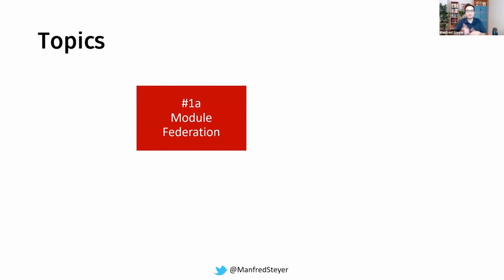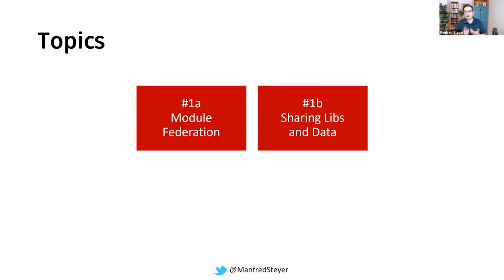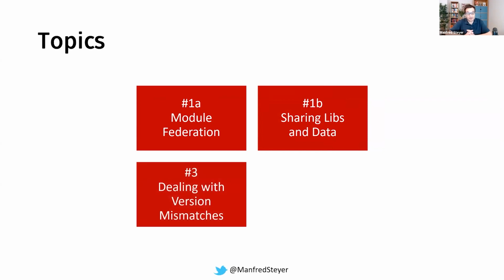And for this, I give you a little tiny primer, and then I will also show you an example that is sharing data and libraries. This is one of the big benefits of module federation, being capable of sharing data structures and libraries so that you don't need to download them twice or several times into all your micro frontends. Then we will proceed with dealing with version mismatches.